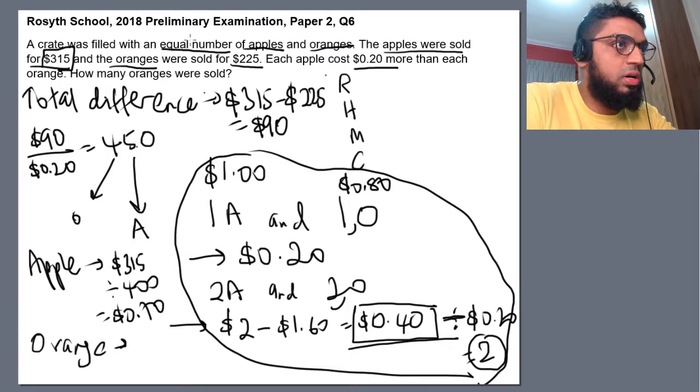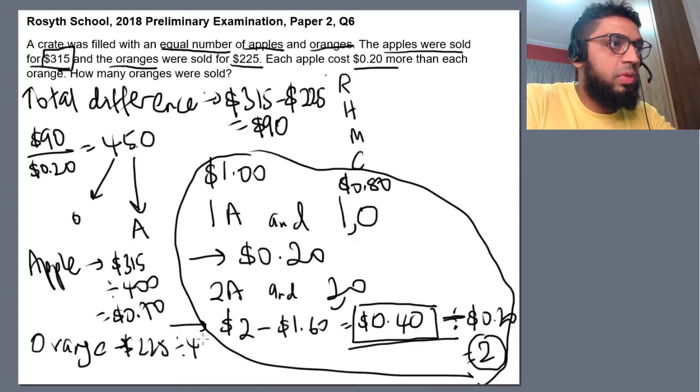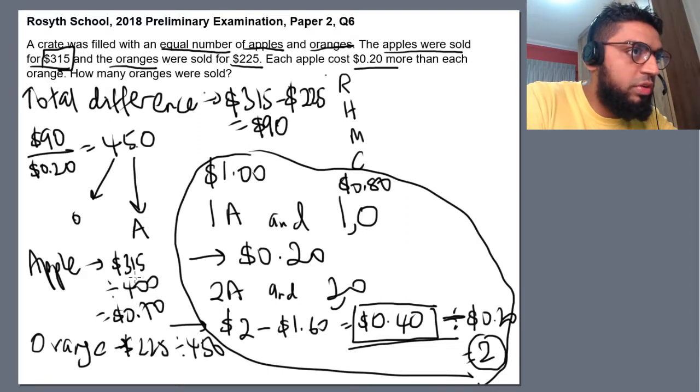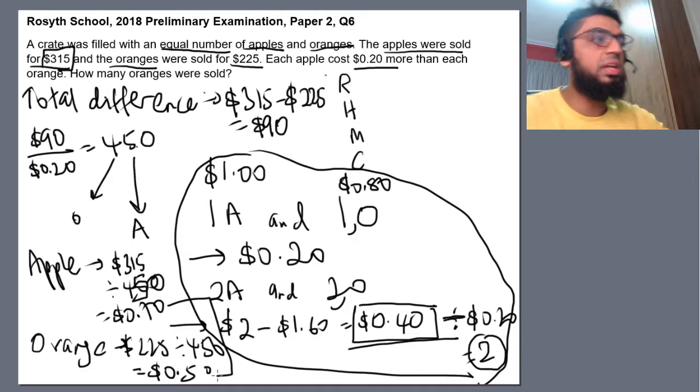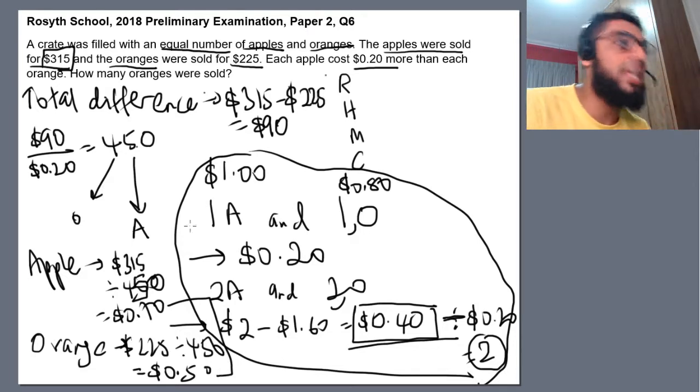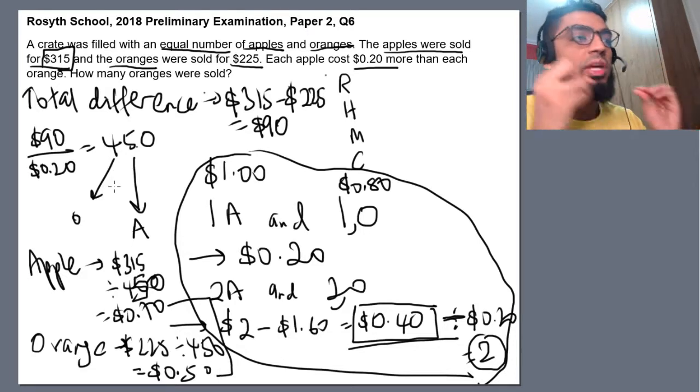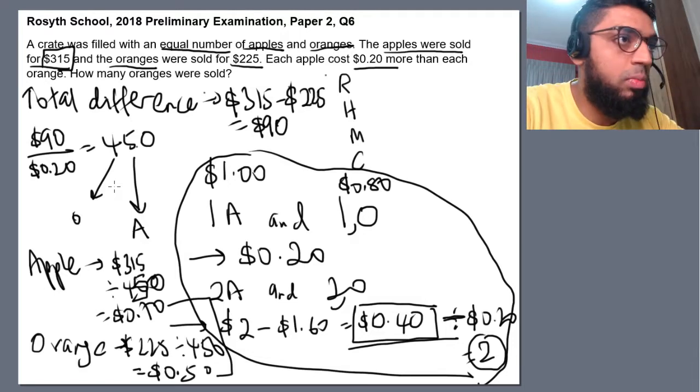Oranges is $225 divided by that same 450. That will give me an answer of 50 cents. Now, as you can clearly see, the unit difference between 70 and 50 is actually 20 cents.